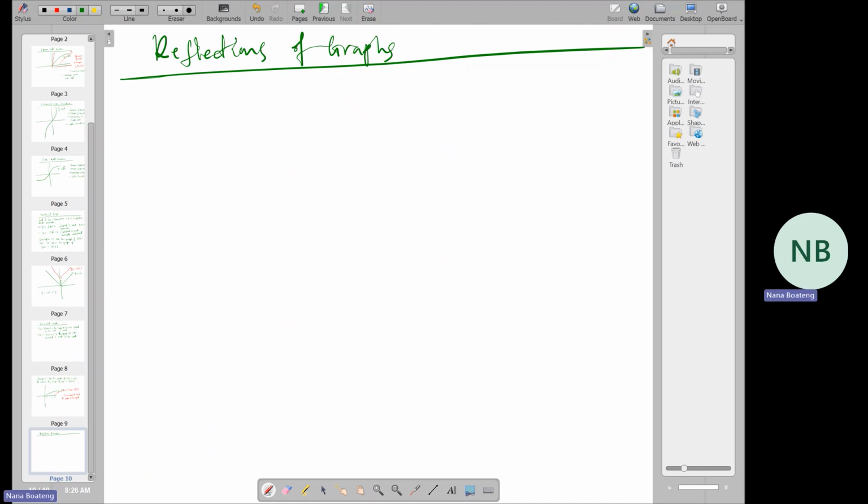So reflection about the x-axis is given by y is equal to minus f of x. Wherever we have f of x, we make it negative f of x.